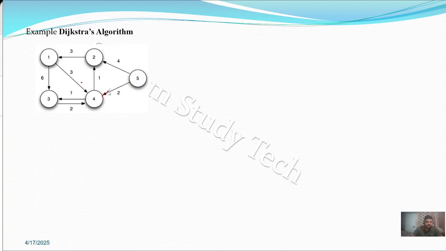Now I consider this is the edge 4 to 5. Here it is vertices 1, 2, 3, 4 and 5.